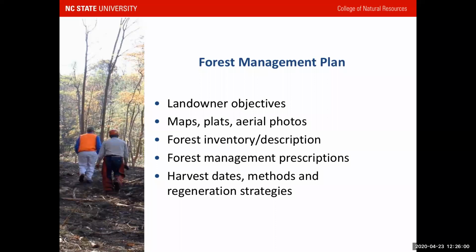You need to have maps, aerial photographs, location maps. You also need the forest inventory or description. You need your forest management prescriptions, and then you need harvest dates, methods, and regeneration strategies. So those are the 5 requirements for the present use tax program here in North Carolina.